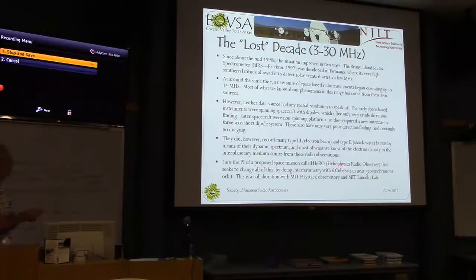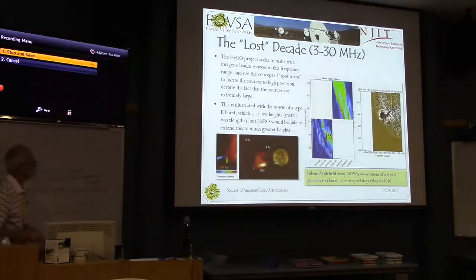This is a mission called HERO, Heliophysics Radio Observer, and it's a collaboration with Haystack and Lincoln Lab. And what we're interested in there is to observe in this region of heights in the corona that we cannot see from the ground in the radio. We need to be up in space for.